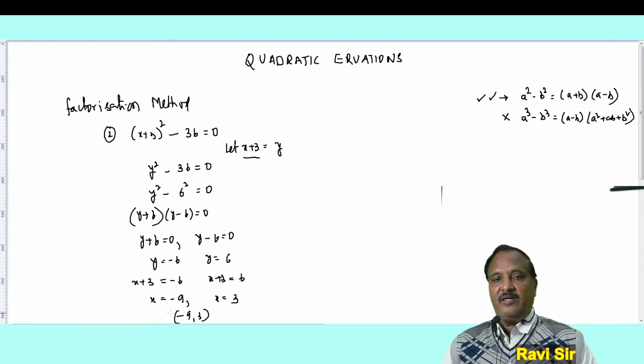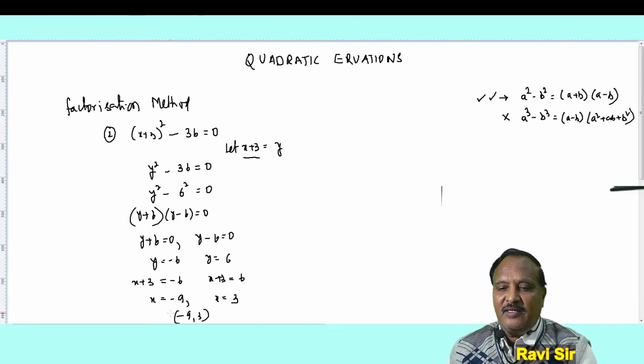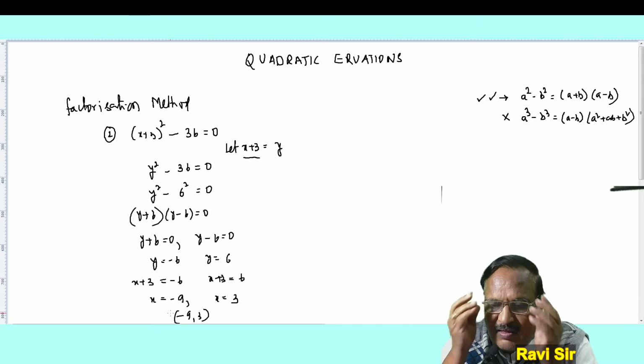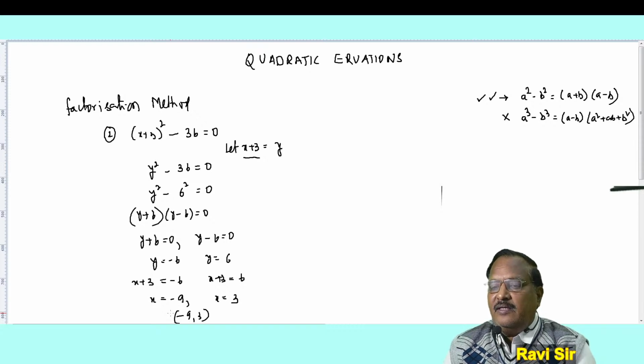If you are talking about the nature of the roots, they are real and unequal because they are not equal. Yeah, Karthik. So the roots are unequal, the roots are real, roots are integers, roots are rational also.